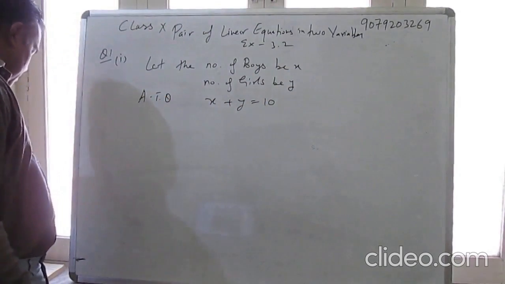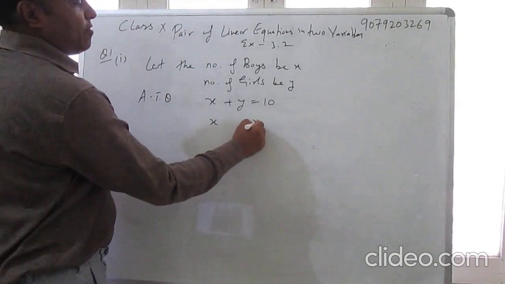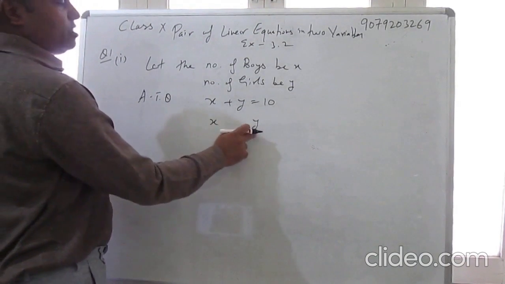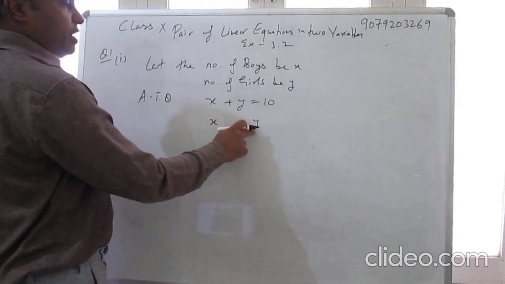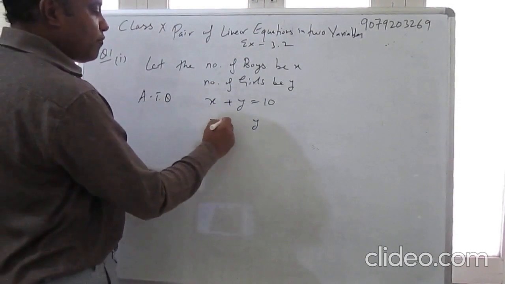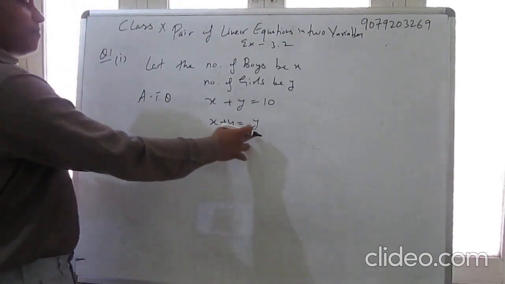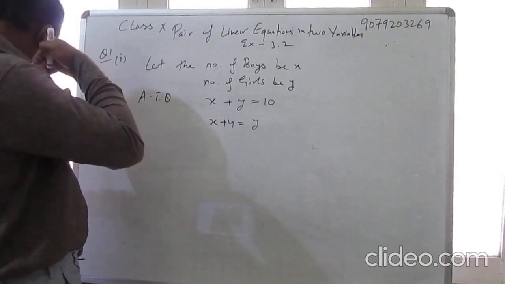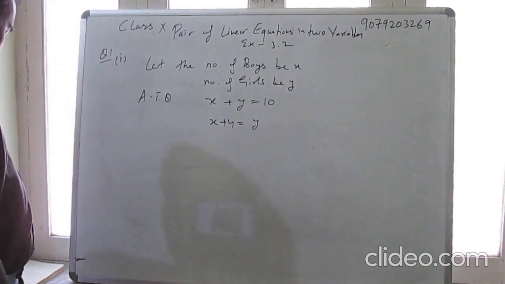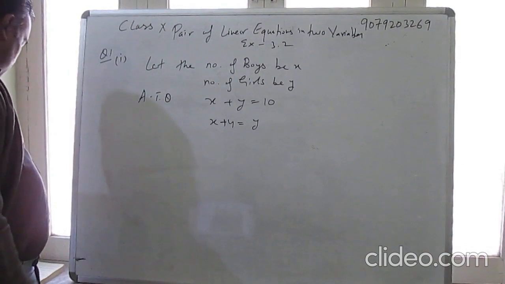Second condition: the number of girls is 4 more than the number of boys. Here x is boys and y is girls, so when we equate, we add 4 to balance the equation. Find the number of boys and girls who took part in the quiz.